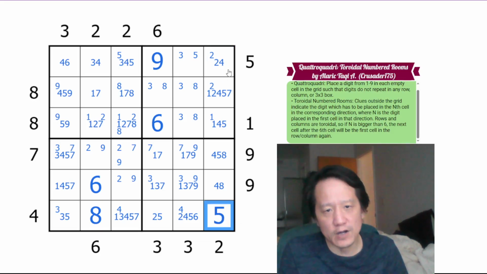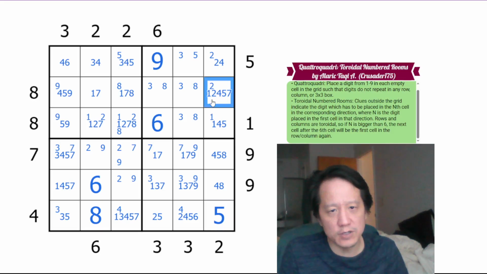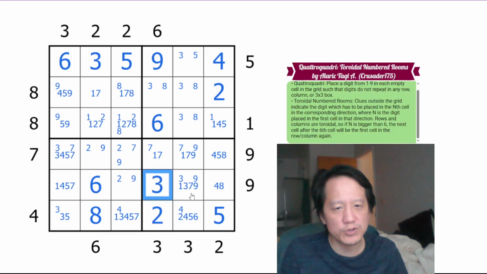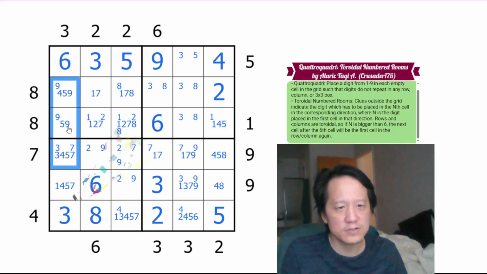So if this is 5, this means 2 has to be here, so that's 4, which would make this 3, this 6, this 5. That would make this 2. So this would be 3. This 5 would eliminate 5 here, so this would be 3. So that actually fits. Not what I was hoping for.